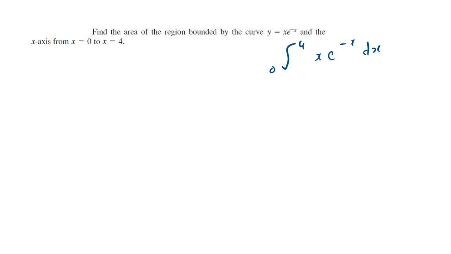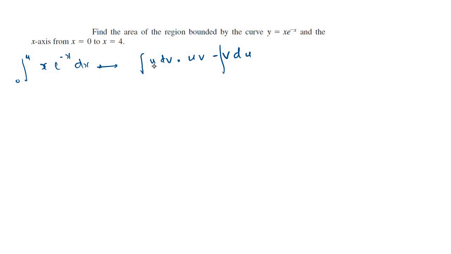0 to 4. So if we take this as u and this as dv, let me write the equation. I wrote the same equation here, and we want to convert it to this format over here. So it is u dv. So let's take u as x, and we differentiate u. du over dx is equal to 1.